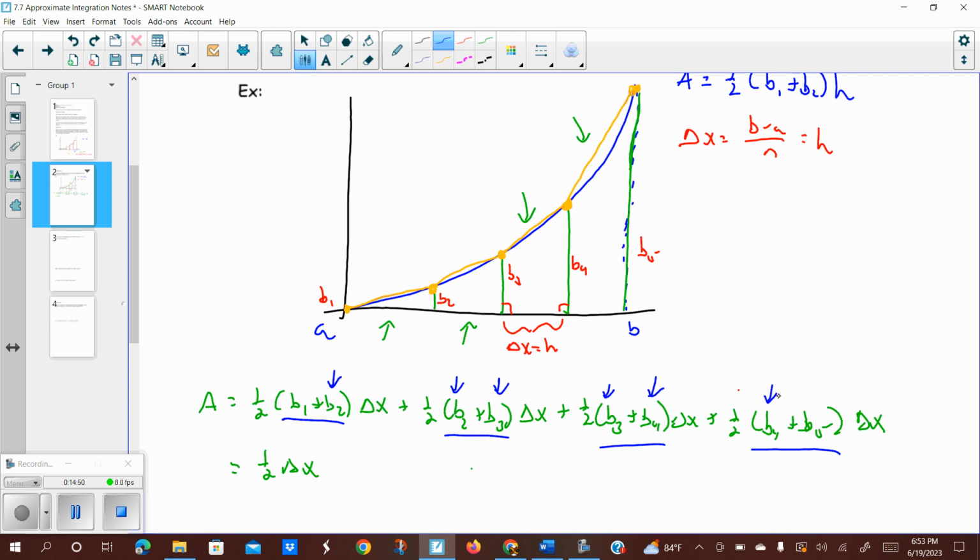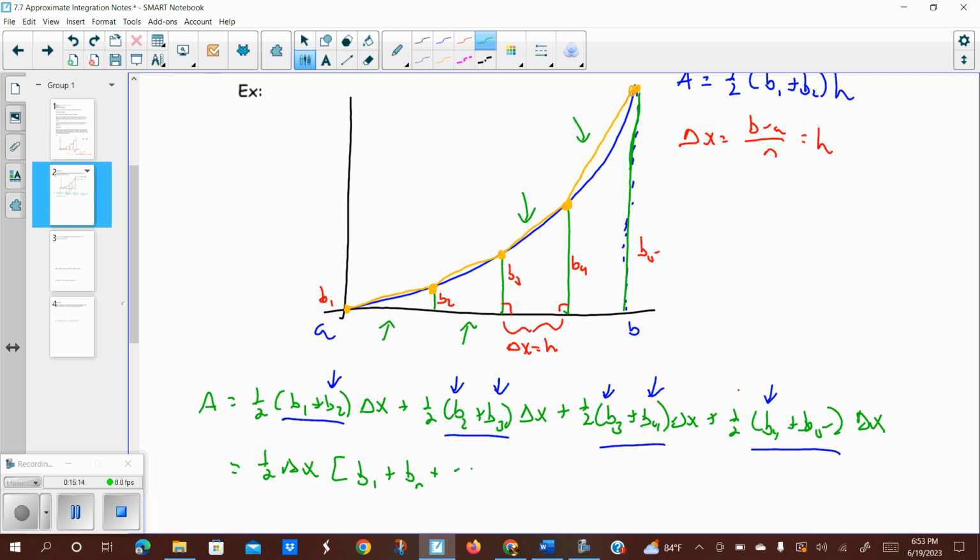So what I know is that I should be able to multiply 1/2 delta x, because that's factored out front, by the sum of base 1 plus the last base, whatever that's going to be in general, will be base sub n, plus all of the interior ones, in this case my 2, 3, and 4, those are all going to happen twice.